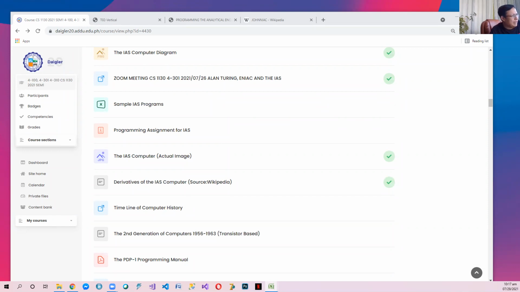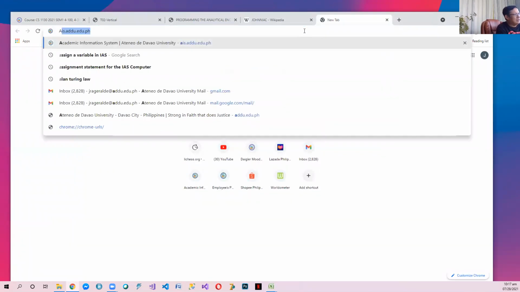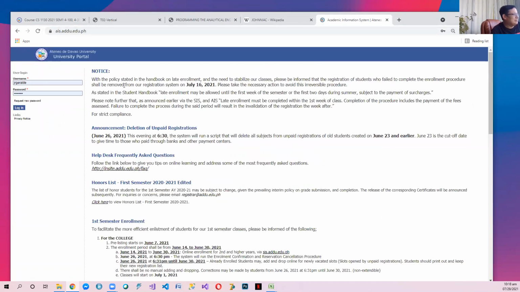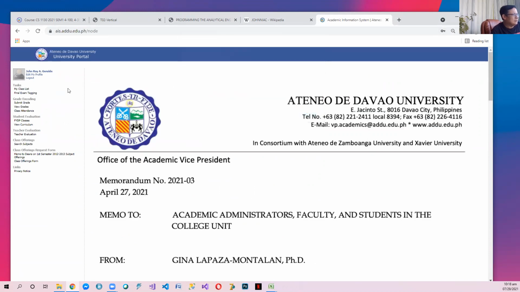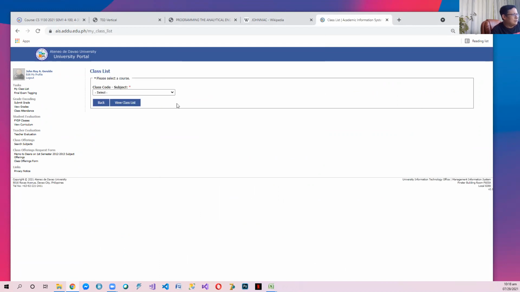Now, let us attempt to make this. Let's look it up in the AIS, AIS, not IAS. This is 4-100.